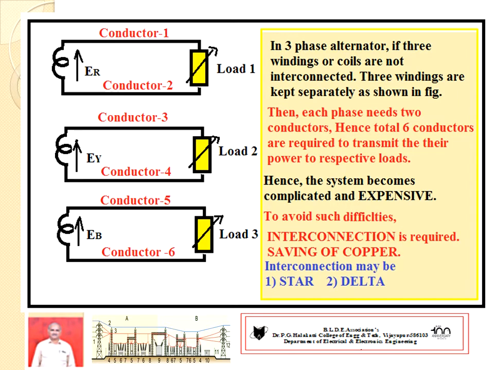In a three-phase alternator we know that it consists of three windings. The respective induced EMFs are ER, the induced EMF in one winding, and similarly EY and EB. If these three windings are not interconnected, each phase requires two conductors to transfer its load, as shown in the figure.